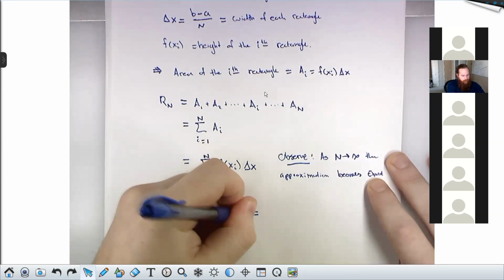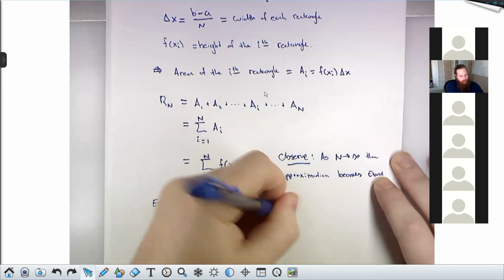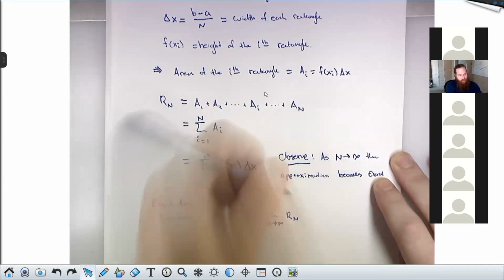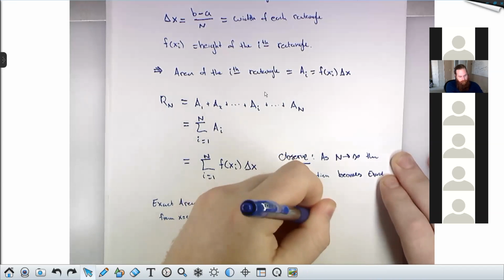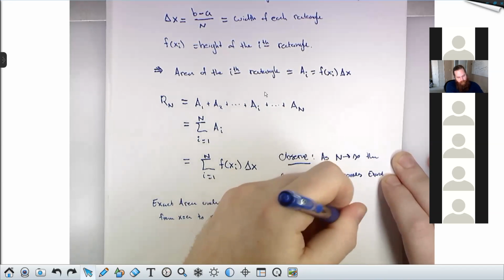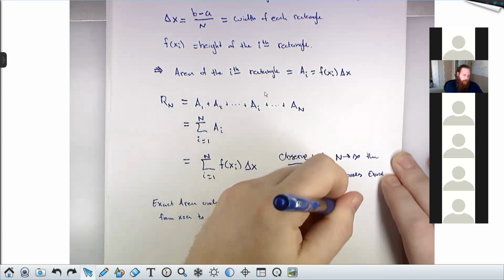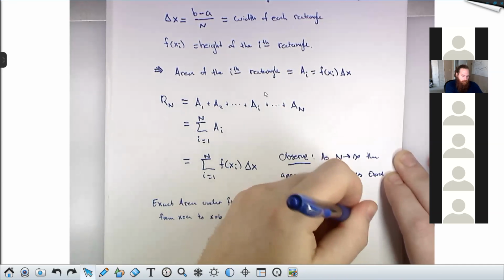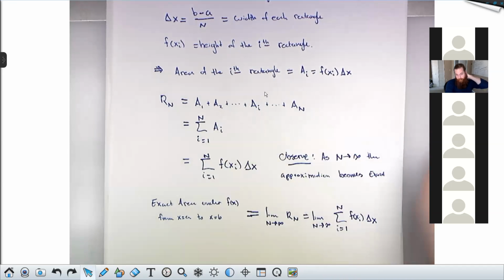We don't need to use that notation. That area is equal to the limit as capital N goes to infinity of Rn, which is the limit as capital N goes to infinity of sigma i from 1 to capital N of f of xi times delta x.